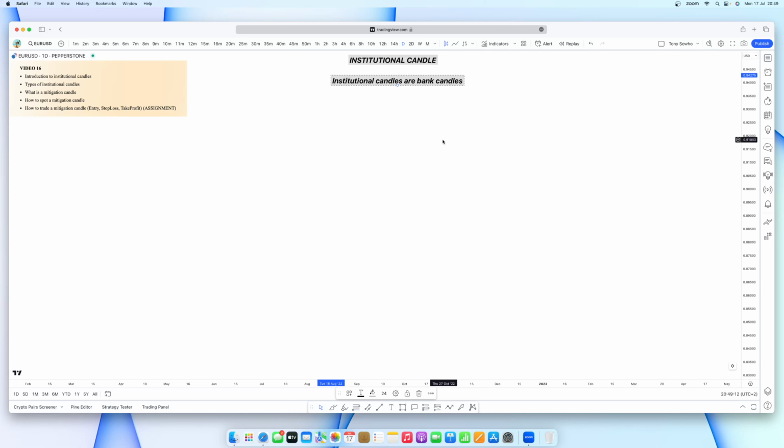So institutional candles are bank candles. Every candle you see on the chart is a bank candle. But now, these same institutional candles are trade idea candles.